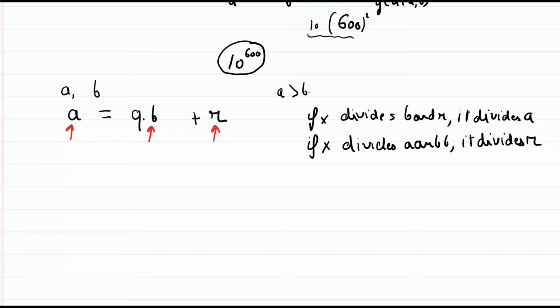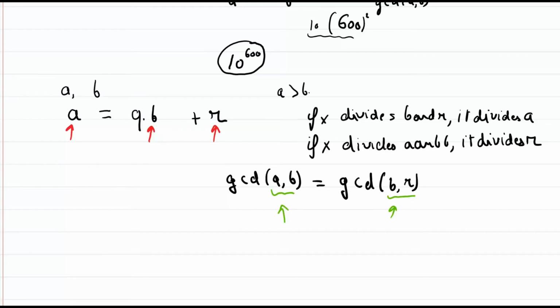And then the greatest of the first set is equal to the greatest of the second set, because it's just the same set. All this to say, the greatest common divisor of a and b is the same as the greatest common divisor of b and r.